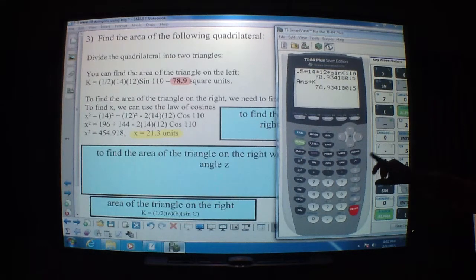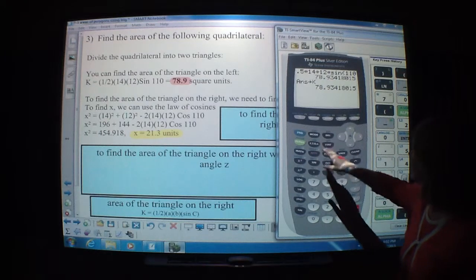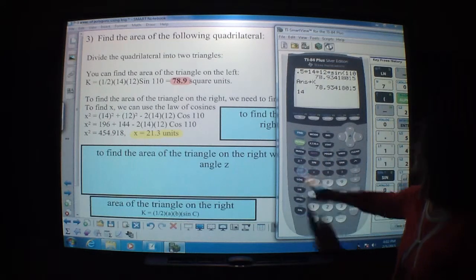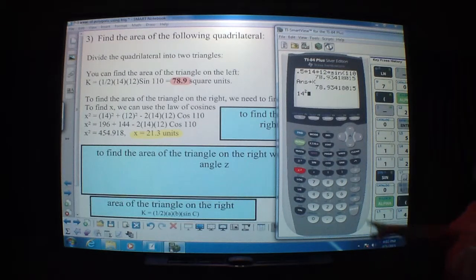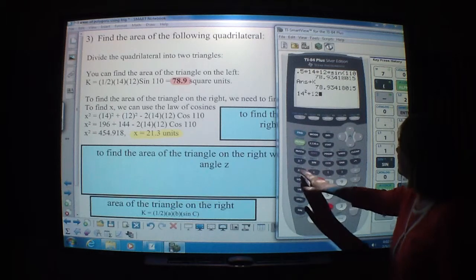Oh no, I don't need a square root yet, sorry. x squared is equal to, oh no, I put everything in my calculator. Okay, so I would have 14 squared plus 12 squared, and I have to do the square root after.